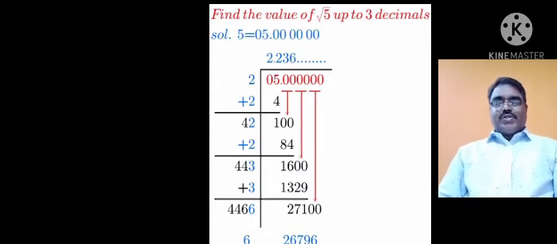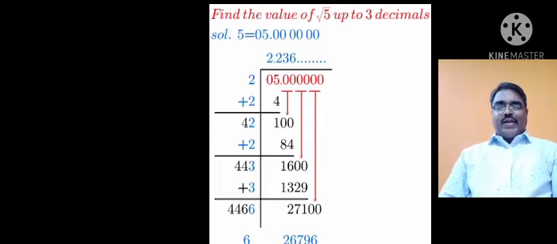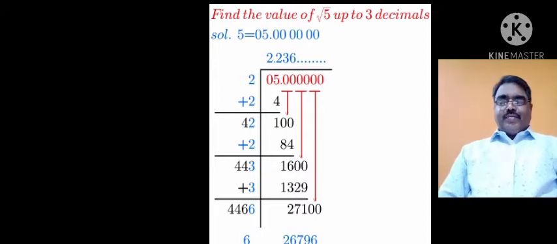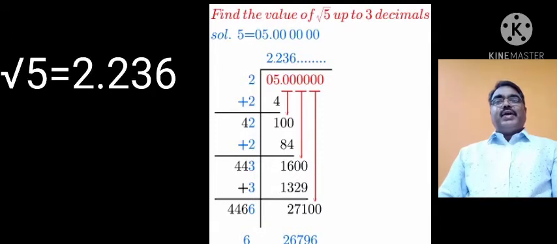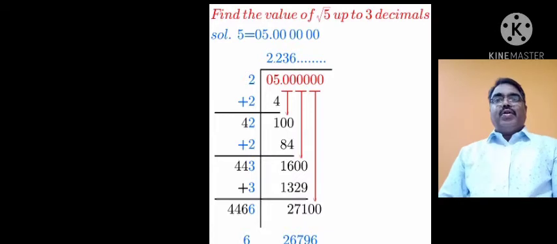4,466 into 6 gives 26,796. The remainder here is 304. You won't get 0 as the remainder here. That is the reason why it is a non-terminating and non-repeating decimal.